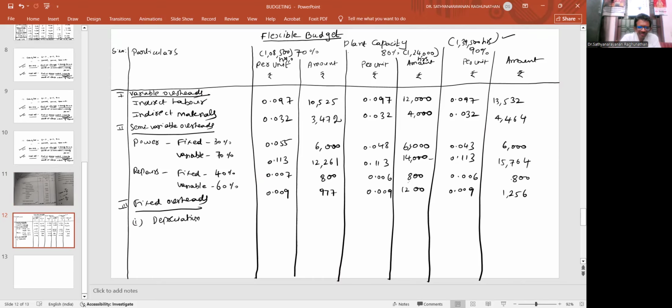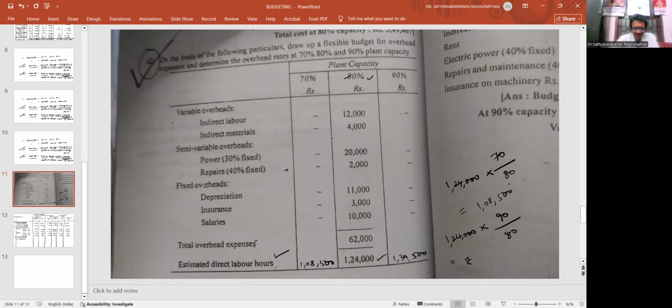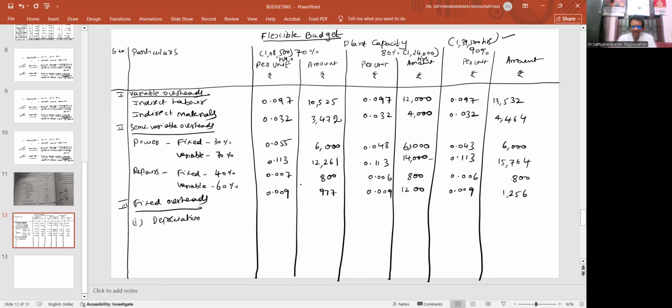It is not the semi-variable. 100% fixed only. 11,000 in the 80% capacity amount column. Okay. Now, you calculate the per unit for this one. And then before calculating the per unit, fixed cost will remain same, right? At all level of capacity. 11,000 for 70%. 11,000 for 90%.